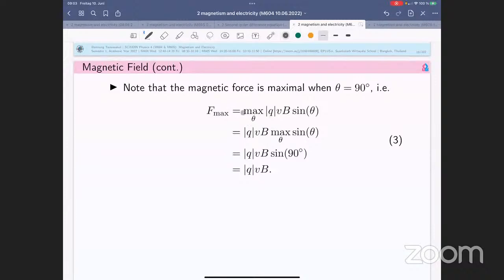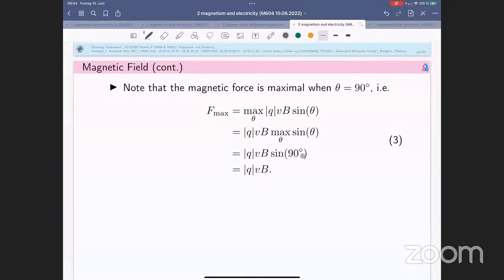This is bachelor degree knowledge: take the maximum for whatever theta. What we found is that theta at 90 degrees will give us the maximum value of the sine function, as you have seen in the plot of the sine function, right?